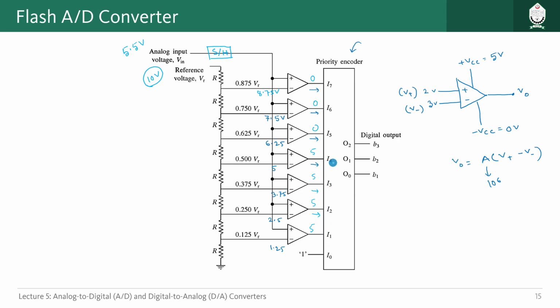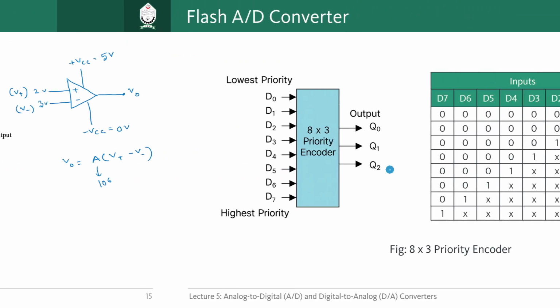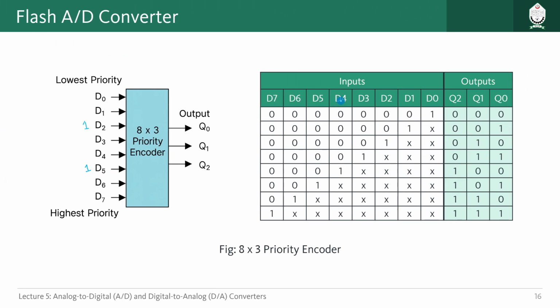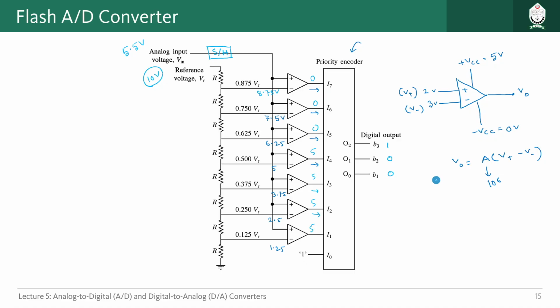For I4, the corresponding digital output should be 1 0 0 according to the truth table. For D4 you see the output is 100. So 100 is the digital output that corresponds to the analog input of 5.5 volt we provided. This is how the flash ADC works.